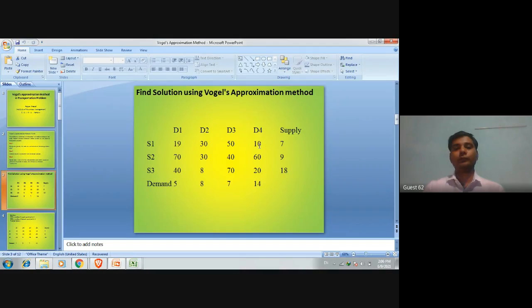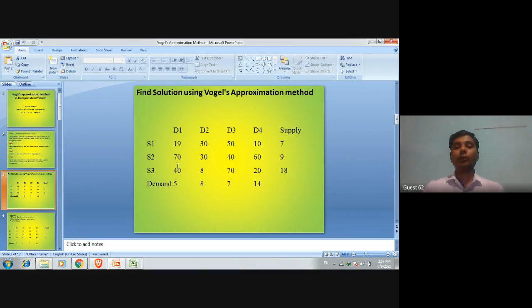We will subtract the smallest number from the second smallest number, so we reduce 10 from 19. That gives 9. So 9 is the penalty for row 1.